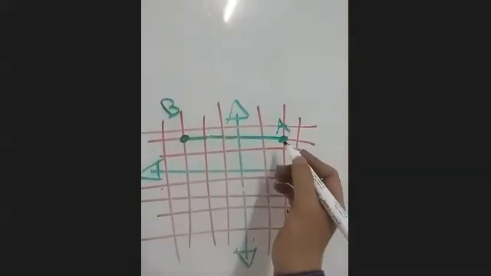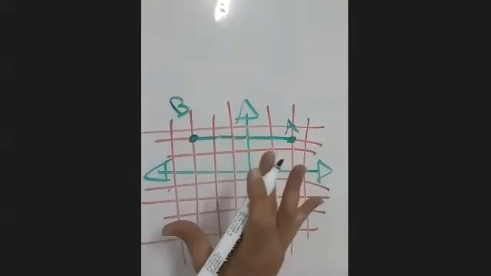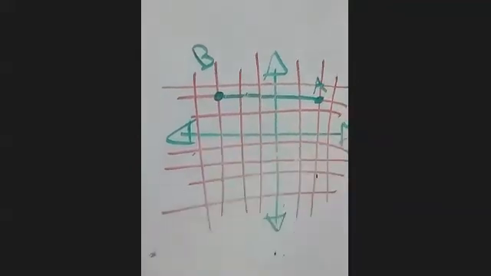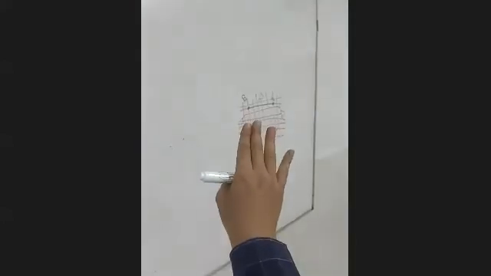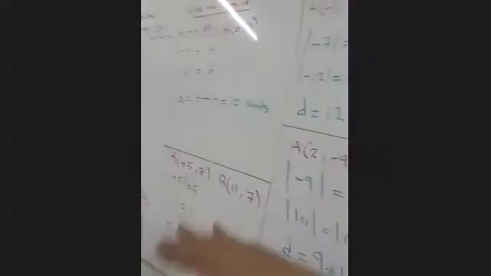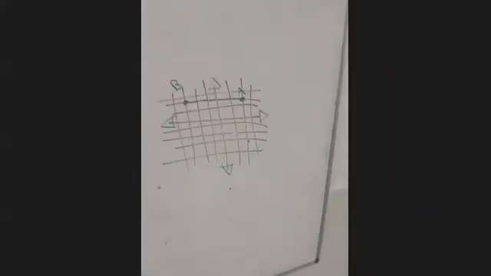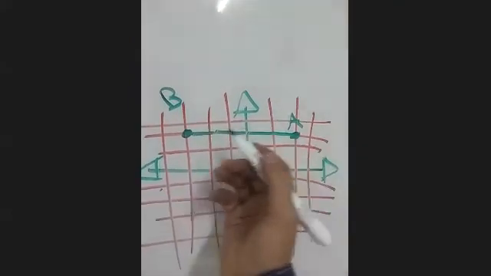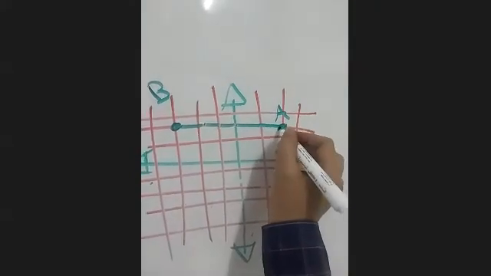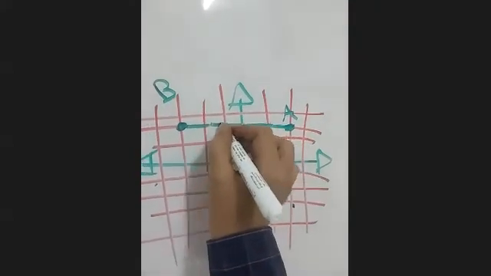Without calculating, we will count the squares between the 2 points if the given is a coordinate plane. But if the given 2 points are like this without a graph, no, we will use another way to find the distance. If the given is a coordinate plane like this one, and they want the distance between A and B, we will count 1, 2, 3, 4, 5.